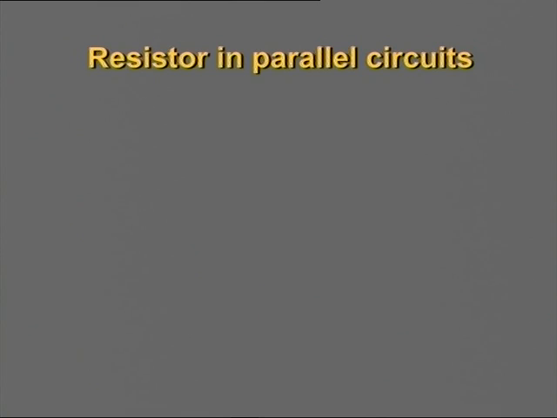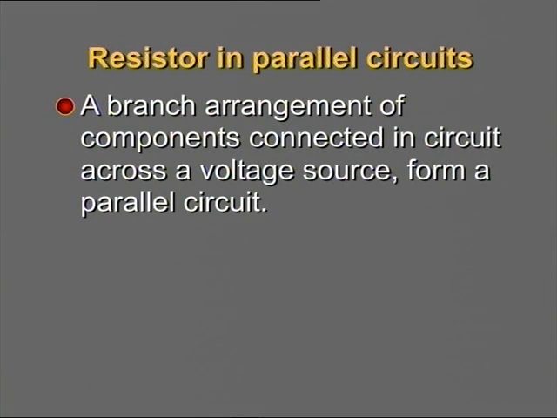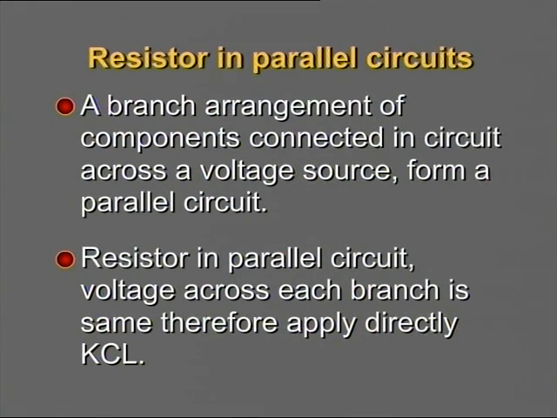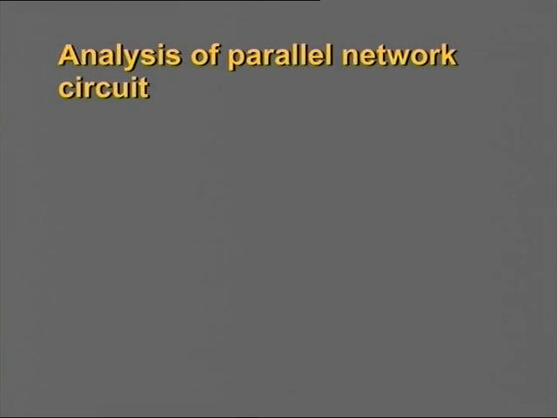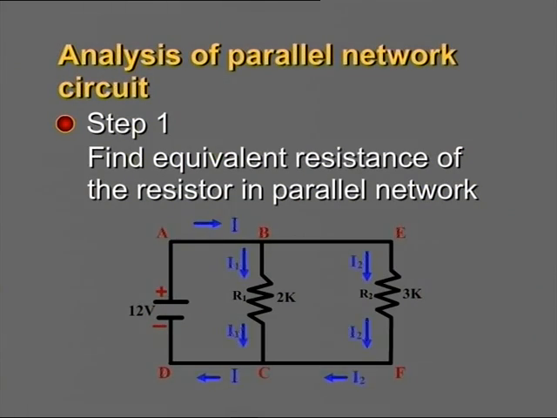Resistor in parallel circuits. A branch arrangement of components connected in a circuit across a voltage source forms a parallel circuit. In a parallel circuit, the voltage across each branch is the same, therefore apply KCL, that is Kirchhoff's current law, directly. Analysis of parallel network circuit. Step 1.